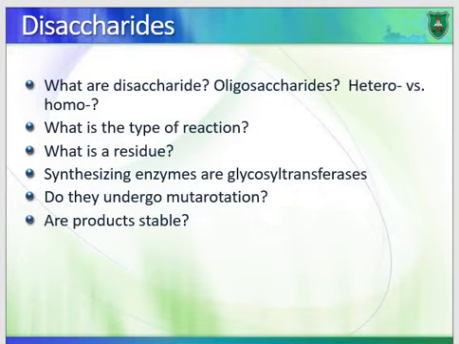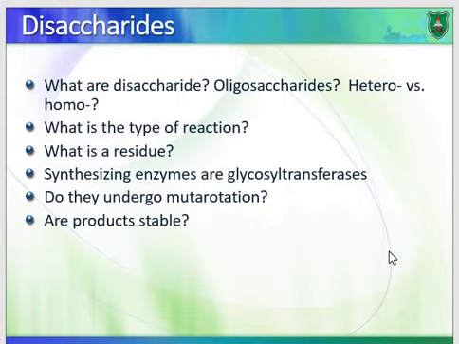Let's now move to a little bit more complex sugars, which are disaccharides, in which we have two sugars or two monosaccharides connected together. If they are made of the same type of sugar, they're considered as homo disaccharides.